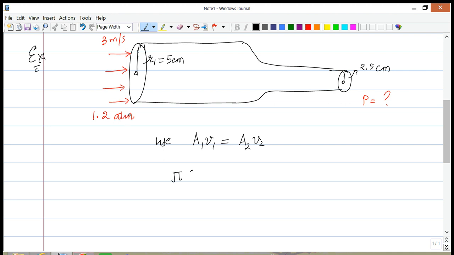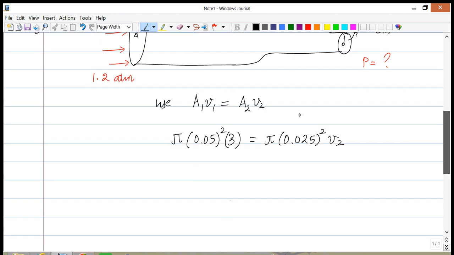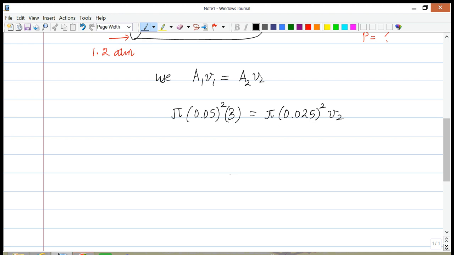Now let's write down the area on the left hand side. It is equal to pi times 0.05 squared times V1, which happens to be 3 meters per second, and on the right hand side it is equal to pi times 0.025 squared times V2, where V2 is the speed on the right hand side. Now do not plug all these things into the calculator at this point. Just wait, and you see that a lot of things cancel out.